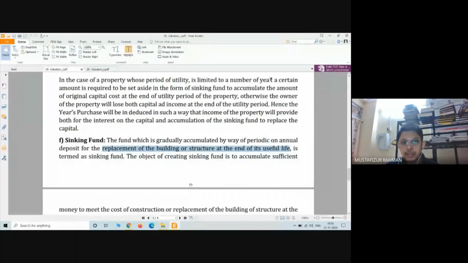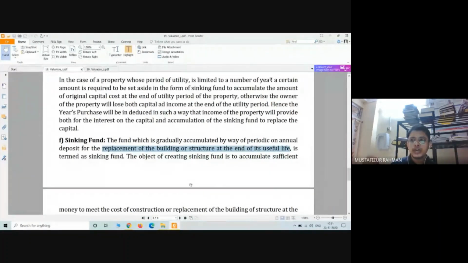Because if we do not do that, at the end of the life of the building, we do not have the money to buy another similar property, or to repair it to make it as good as it was earlier. We will lose the property.